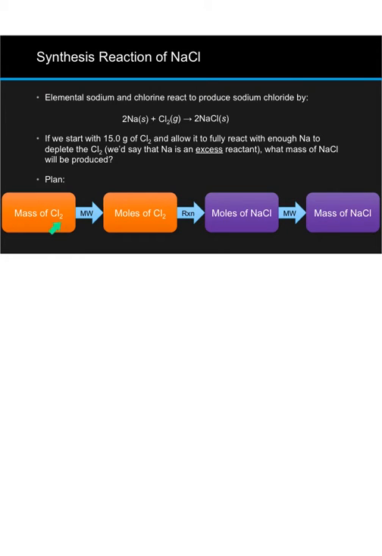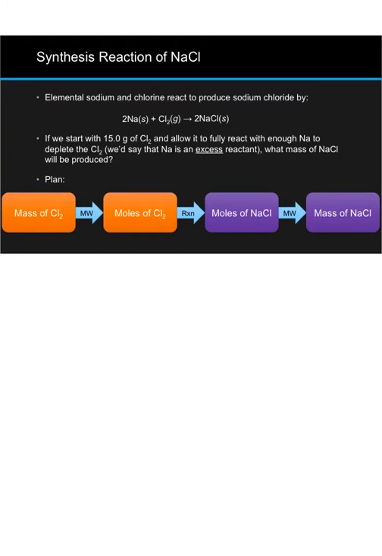One that moves us from given starting mass of chlorine into number of moles of chlorine. Once we have moles of chlorine, we can use our balanced reaction to convert that into number of moles of sodium chloride, the thing that we're interested in here. Given number of moles of sodium chloride, then, we can figure out from its molar mass or molecular weight the mass of sodium chloride produced.